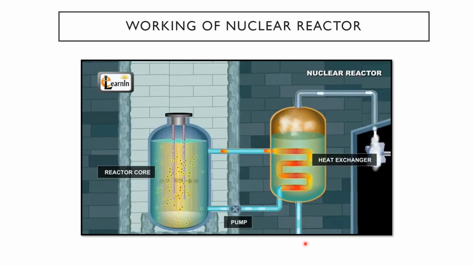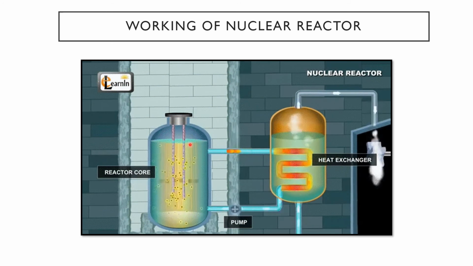So next, let's understand briefly the working of a nuclear reactor and how it can generate electrical energy overall. There is a huge amount of heat released during the fission reaction of uranium-235, which makes the water that acts as a moderator inside the core reactor become heated.